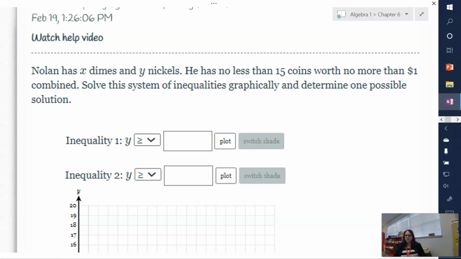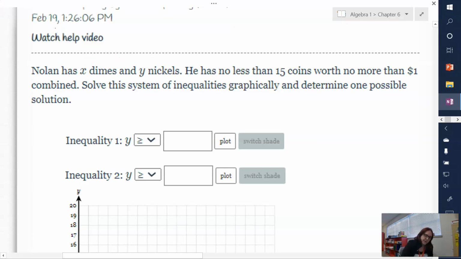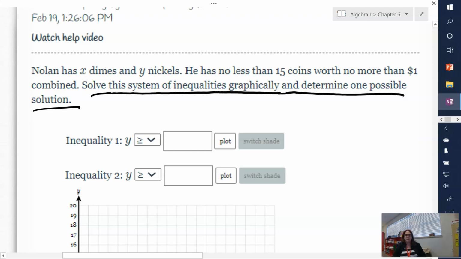So from your first read, your story is that Nolan has some change and there are nickels and dimes. From the second read, you're going to focus on what it's asking you to do. And I like to go ahead and underline. It says to solve the system of inequalities graphically, so I'm going to graph them and determine one possible solution. So I'm going to fill in a solution.